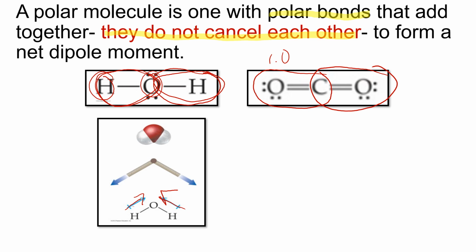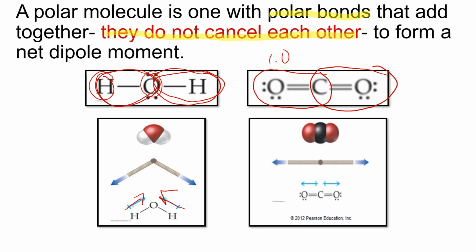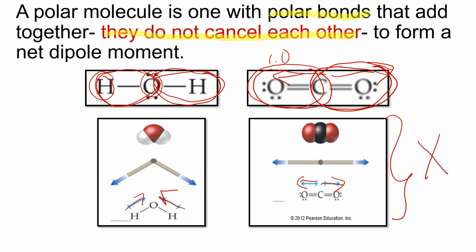So the dipole moment of one bond is completely cancelled out by the other. Therefore, although these two bonds are polar bonds, the molecule of carbon dioxide is nonpolar because the dipoles are cancelled out.